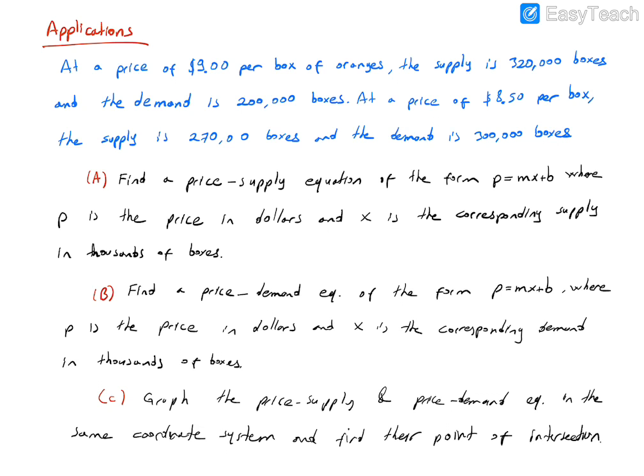In a free competitive market, the price of a product is determined by the relationship between supply and demand. If there is a surplus, that is, the supply is greater than the demand, the price tends to come down. If there is a shortage, that is, the demand is greater than the supply, the price tends to go up.